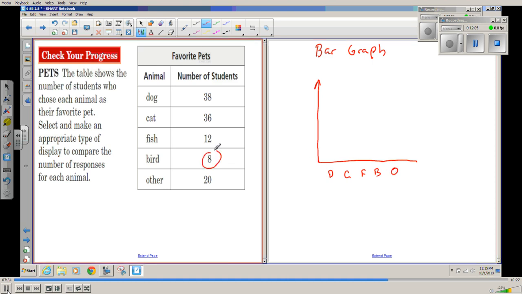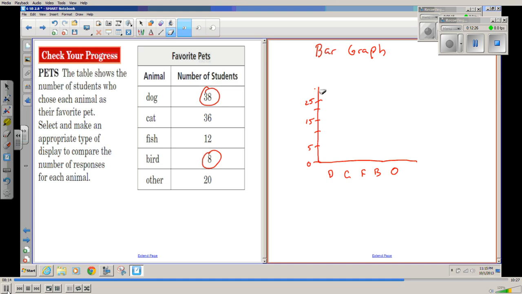And you can see the smallest number is 8, the biggest number is 38, so we need to probably start at 0 and go up by 5s. 5, 10, 15, 20, 25, and 35.